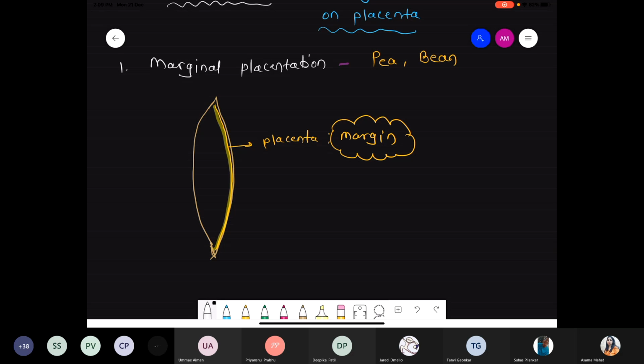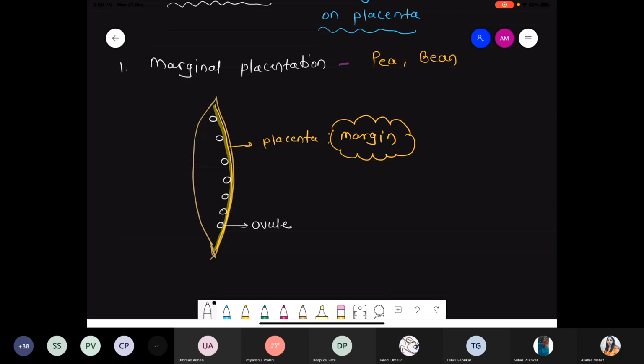Before fertilization they are represented as ovules. So the ovules are present on the placenta margin. This is one ovule, another one, third, fourth, fifth, 6, 7. So different numbers of ovules are present.